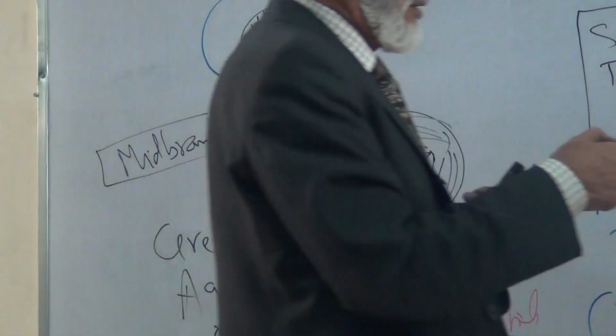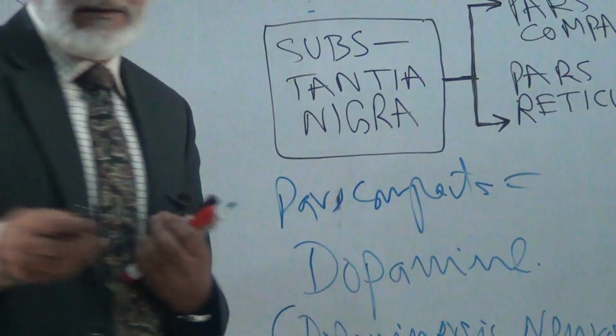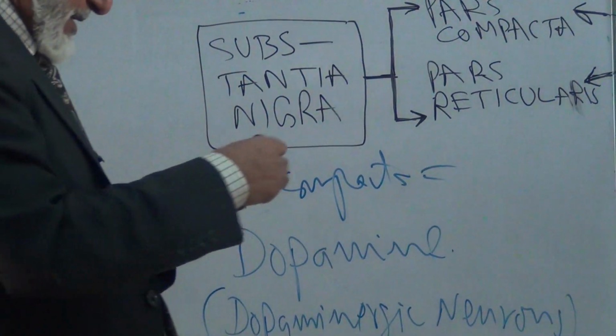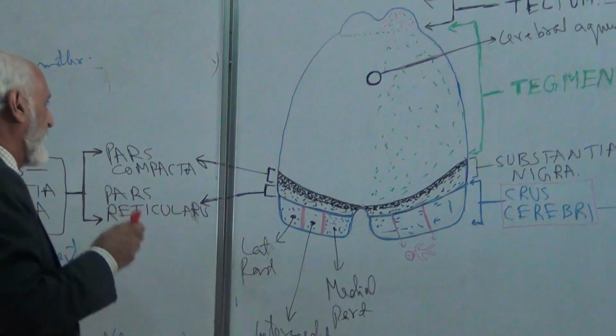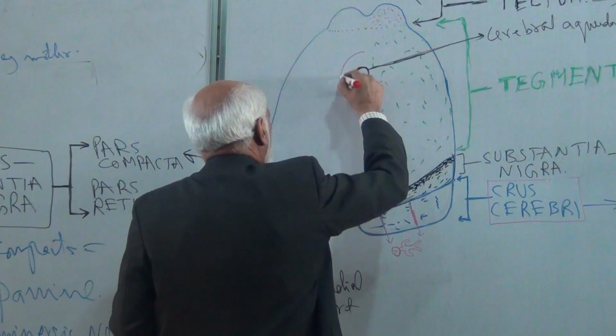In section, this is the cerebral aqueduct. Now the cerebral aqueduct is surrounded by a layer of gray matter known as central gray matter.